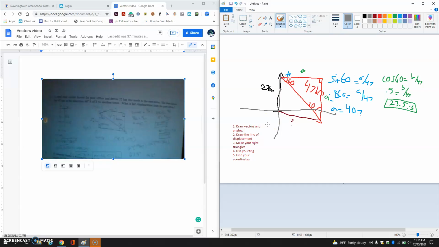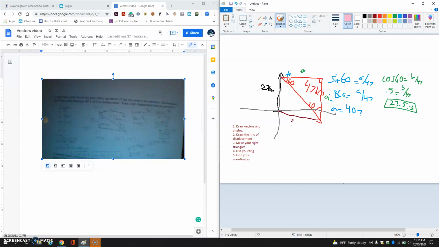So what you have to do is think about it like coordinates. Actually, you know what? I'll keep it. It looks weird, but I'm keeping it. So if you think about it, this one right here, we're going 22 north, right? North means Y. Y is north and south.